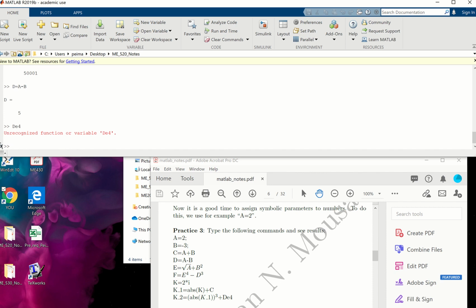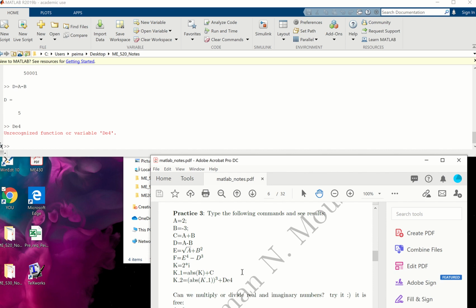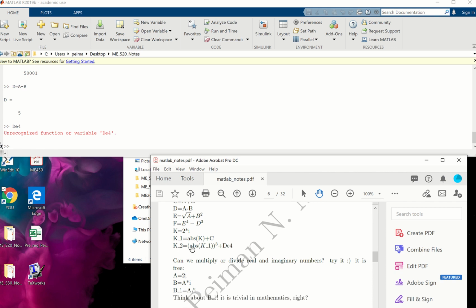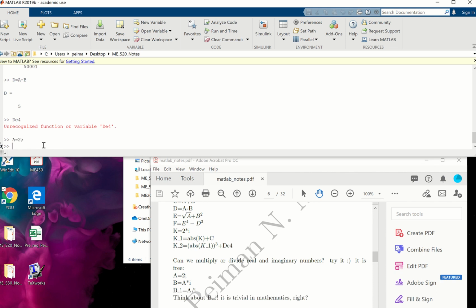Okay. So the question is, can we multiply or divide real and imaginary numbers? Yes, that's right. So say I'm assigning a is 2, and when you put a semicolon, it doesn't show again. See, if you say only this, it's showing that.